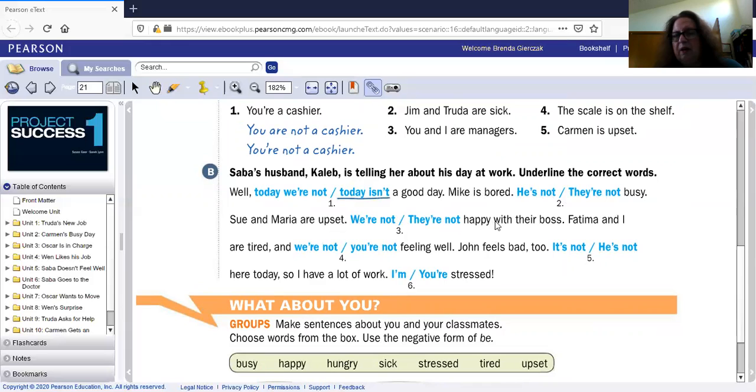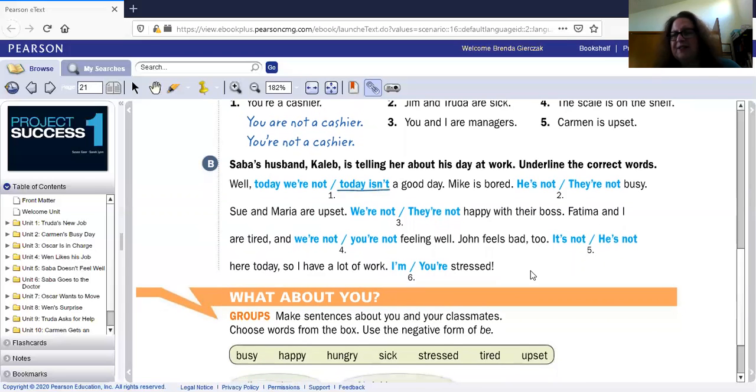They're not happy with their boss. Fatima and I are tired, and we're not feeling well. John feels bad too. He's not here today, so I have a lot of work. I'm stressed. We'll read this again in class.